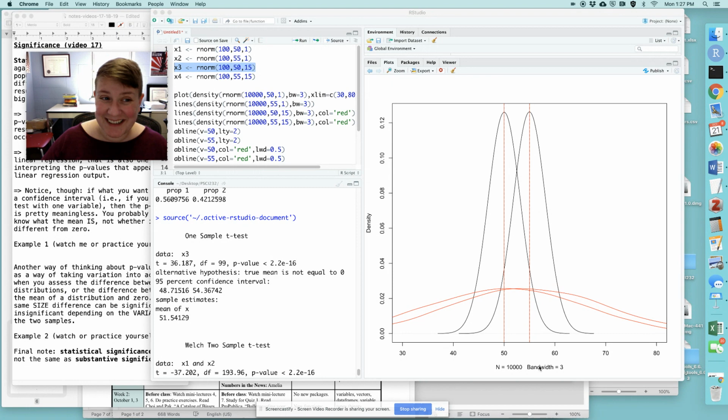The key point here is that we find that there's a significant difference between the two. This black distribution and this red distribution have the same mean.